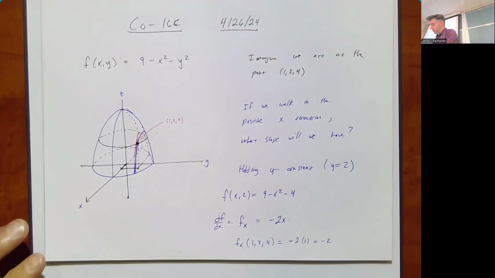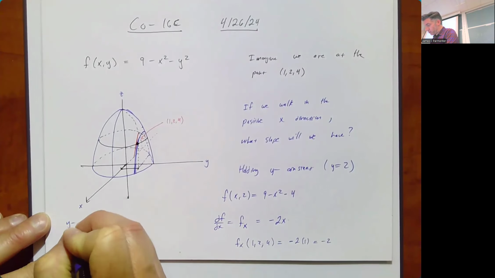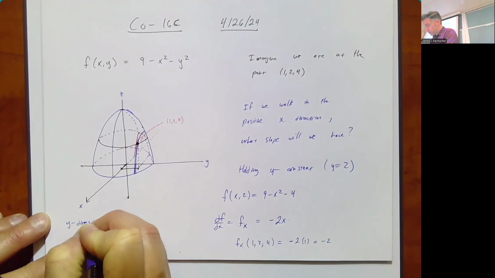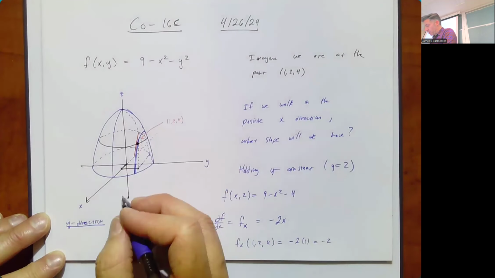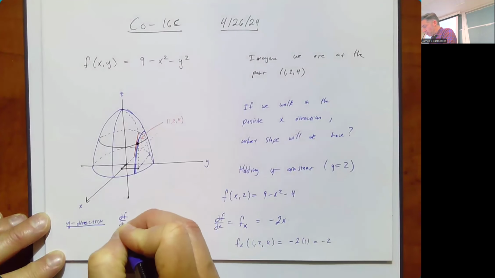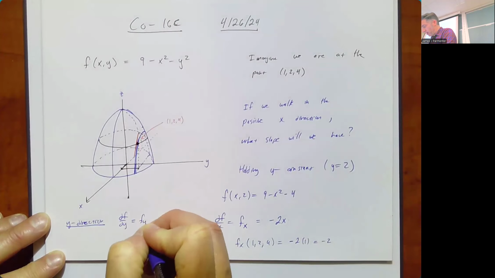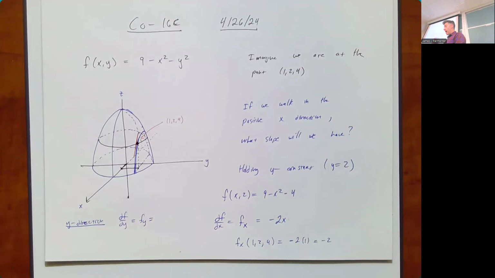Similarly, if we were moving in the y direction, we could take the same equation and find del f del y, or f_y. Here you'll notice maybe that I plugged in y equal to 2 before I took the derivative. It's completely unnecessary.